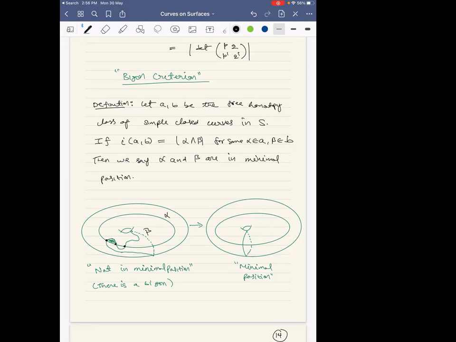It looks like there are three intersections here, but you can freely homotope this beta to this beta prime, with alpha the same, and you can see the intersection is actually just one. So in the first picture alpha and beta are not in minimal position. In the second picture, you get the minimal position.